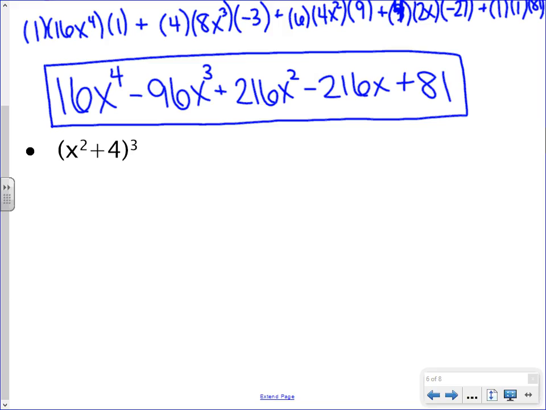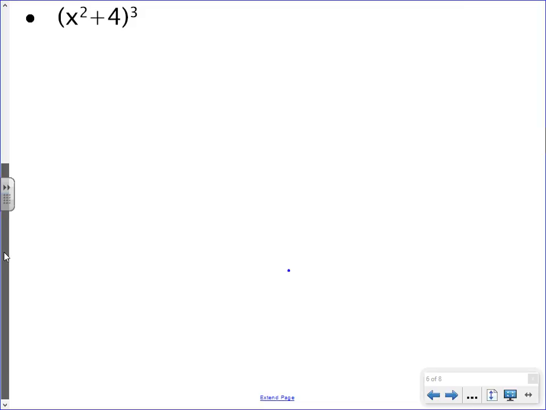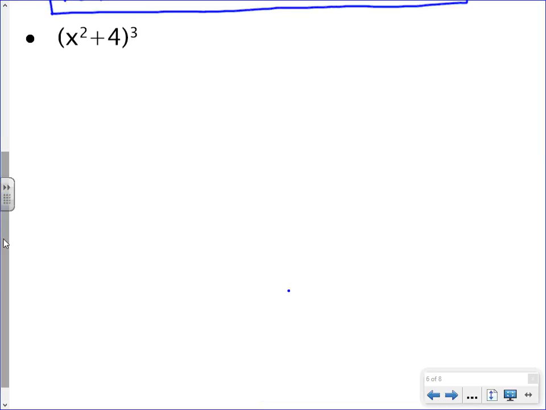On to example 2. So x squared is our first term, and positive 4 is our second term.